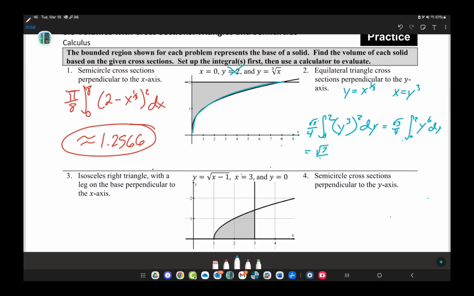Root 3 over 4 times what? 1/7 y to the 7th from 0 to 2. Now, 0 would just give you 0, which is nice. So I really just got to plug in 2 here, and 2 to the 7th power is 128. Because 2 to the 5th power is 32. 32 times 4 is 128.